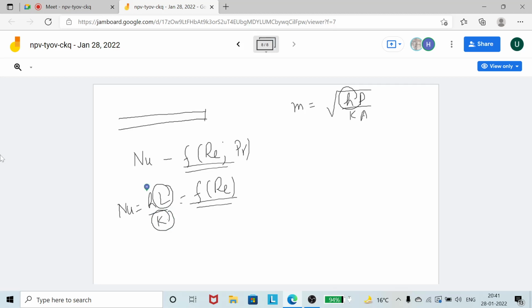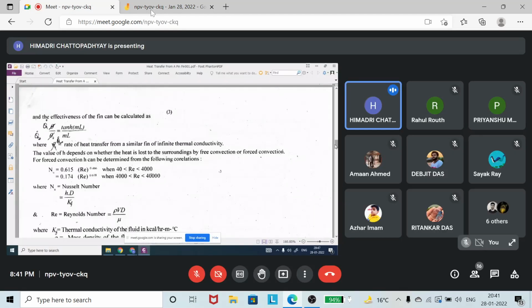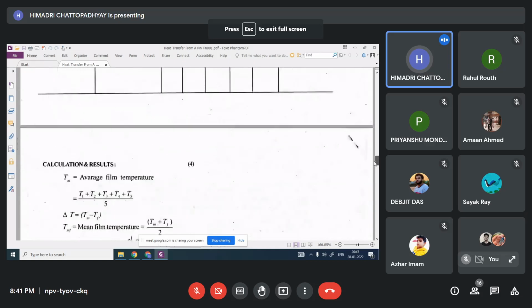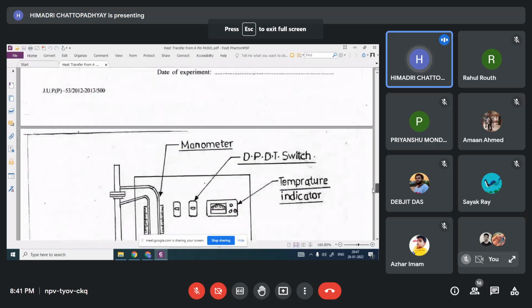So this is the function, the Nusselt number, how it depends on Reynolds number. You see, this is the function. Nu is 0.615 Re to the power of this, so you have to use this. One can ask why we calculate Reynolds number at all, it is a thermal conductivity experiment.